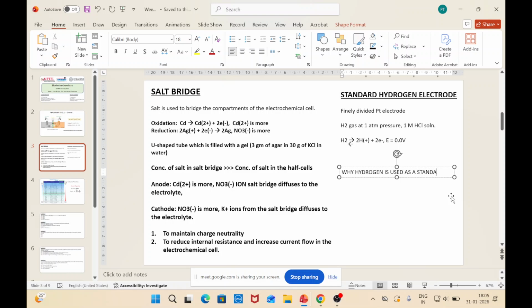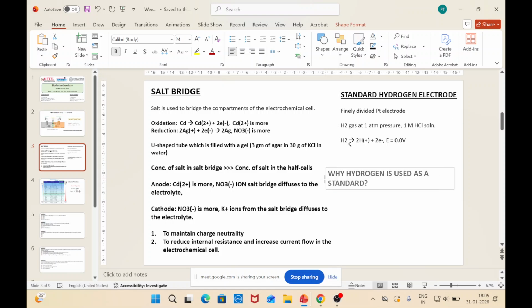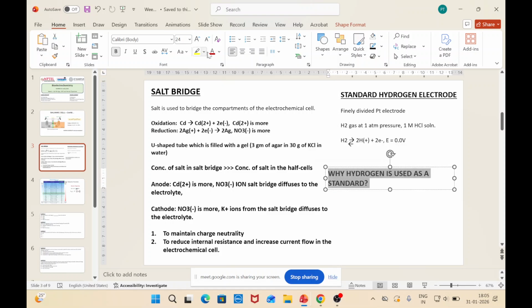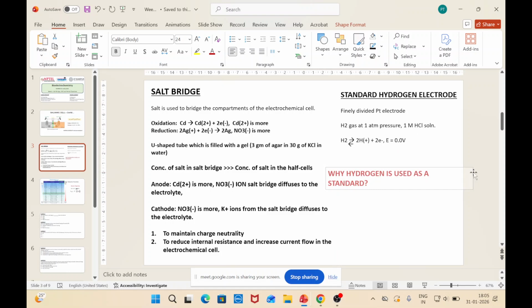Is used as a standard. I'm going to keep. Let me color code this into different.